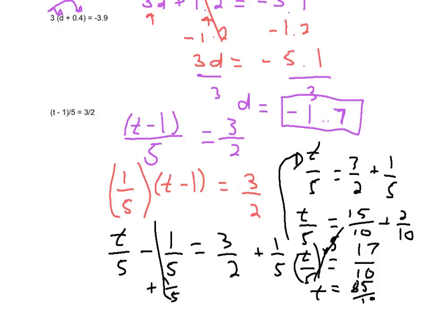You'd be able to simplify that down or write it as a decimal. T is equal to 8.5. Okay, that's one approach, using the distributive property first. Next video we'll look at another one, but this is good to get us started. Okay, hope that's helpful.